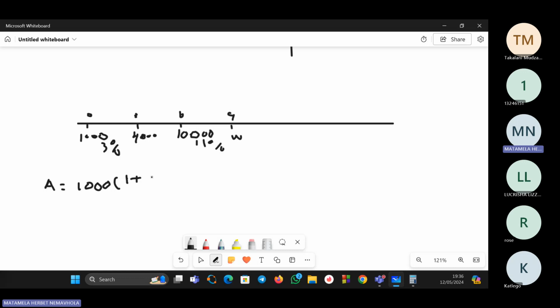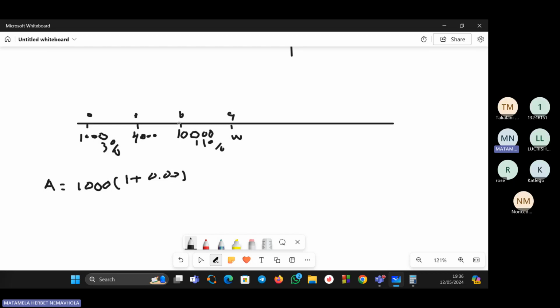Let's assume it's compounded annually. Compounded annually means it's just yearly, you divide by 1. So it's going to be 0.03 to the power. This 1,000 here, remember, was here until there. But the interest rate started changing on the 6. So we're going to say to the power 6.